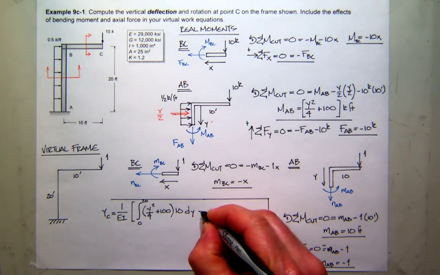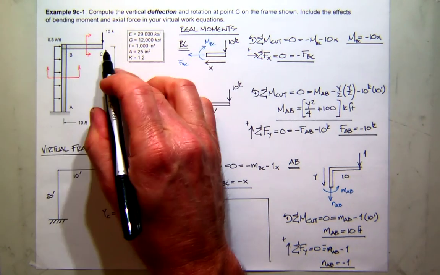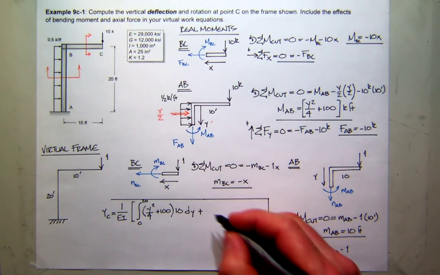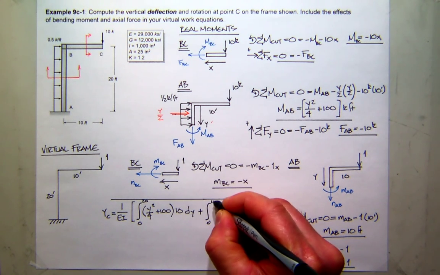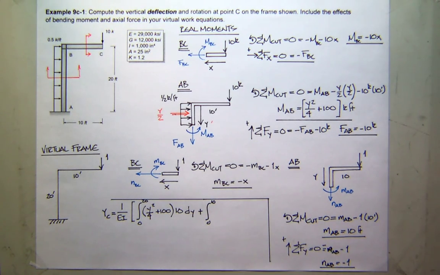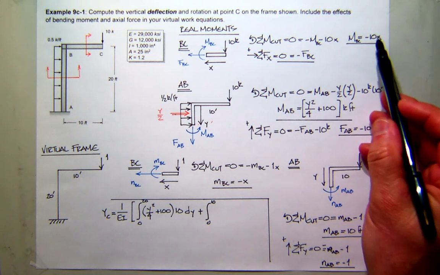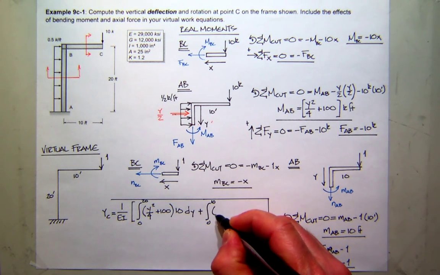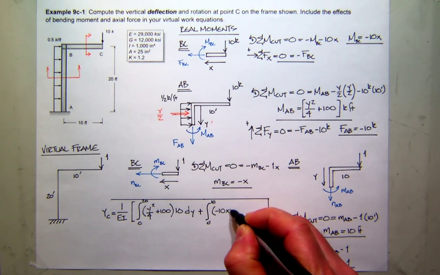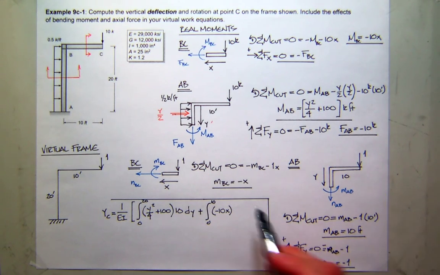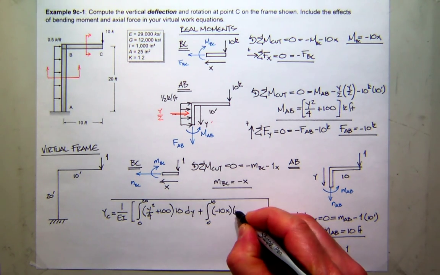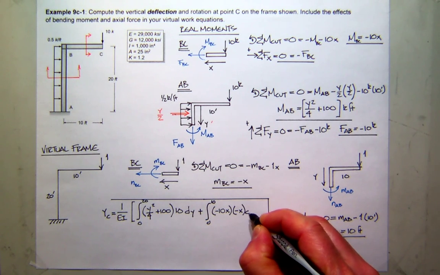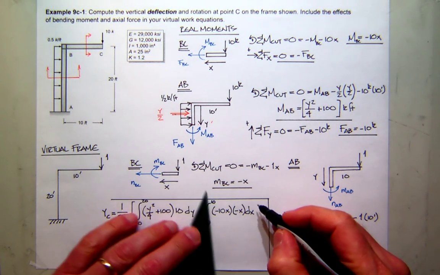And then I'm going to add to it the piece from C to B, which is an integral over that length, which is 0 to 10. The real moment there is minus 10x, and the virtual moment is minus x, and that would be integrated dx.